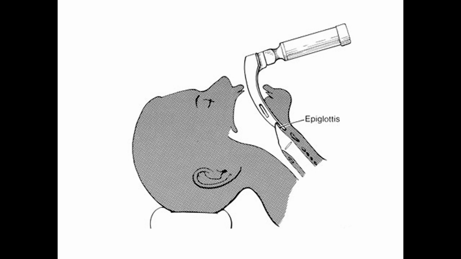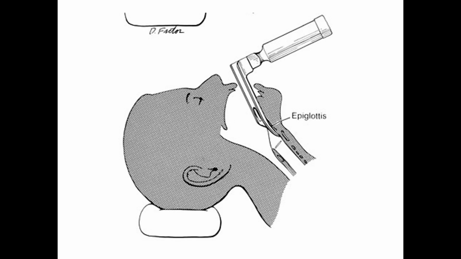In this picture, we see the Macintosh blade, where it's inserted between the patient's epiglottis and tongue. While the Miller is inserted below the patient's epiglottis, where the epiglottis is between the Miller blade and the patient's tongue.